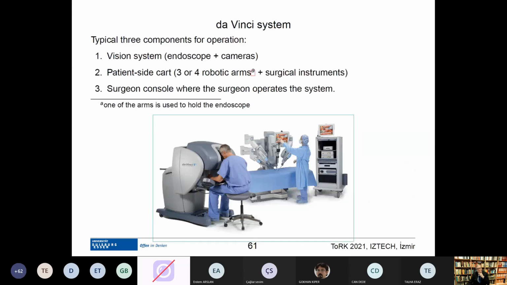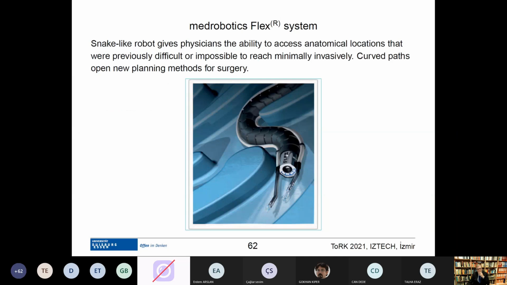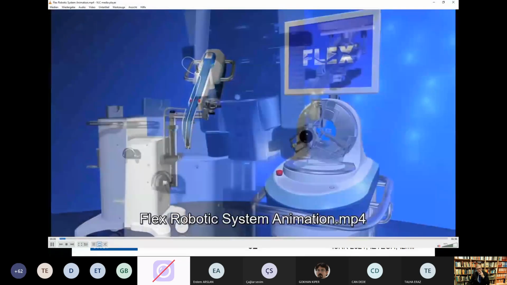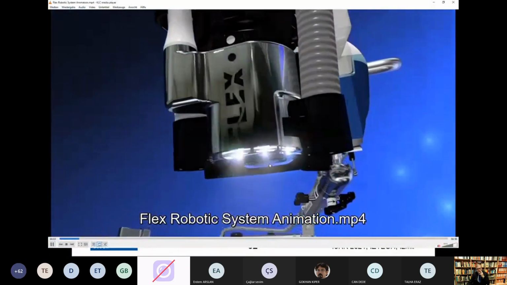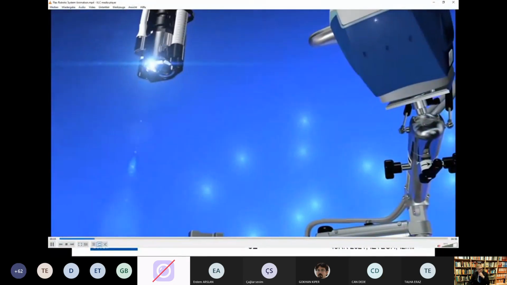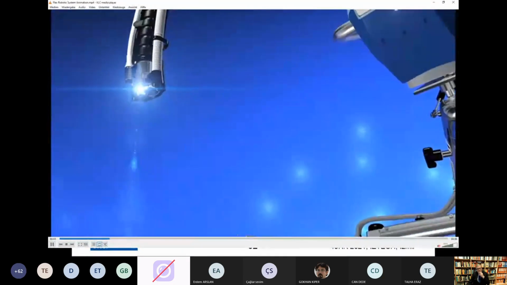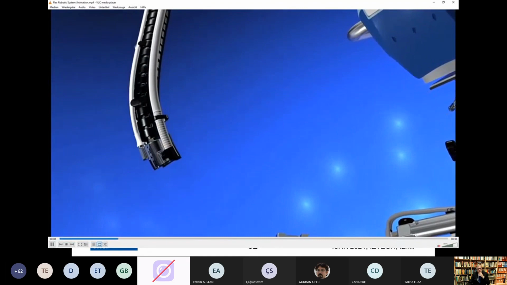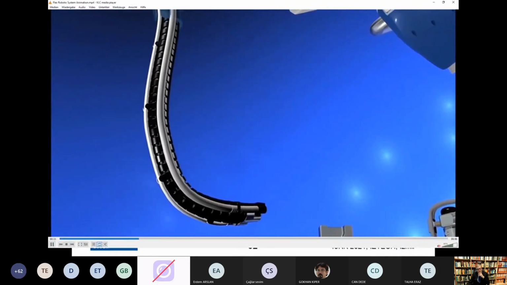And well, this is the Da Vinci system, where the operator doesn't look at the body anymore, but everything is done in telemetry. And this is the snake robot. Actually, it's being used already. It has clearance for colon operations, but also for head, neck and throat.